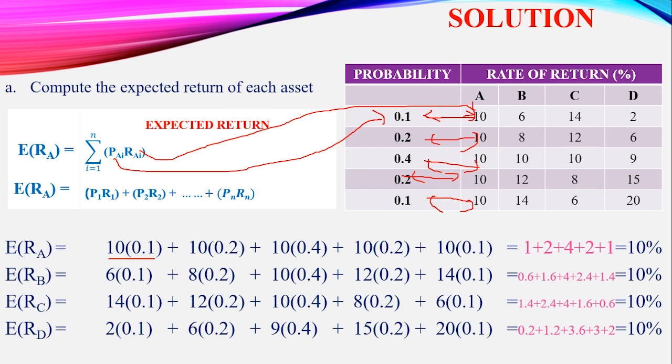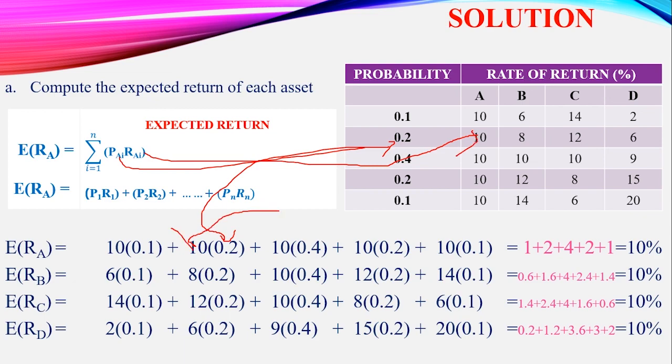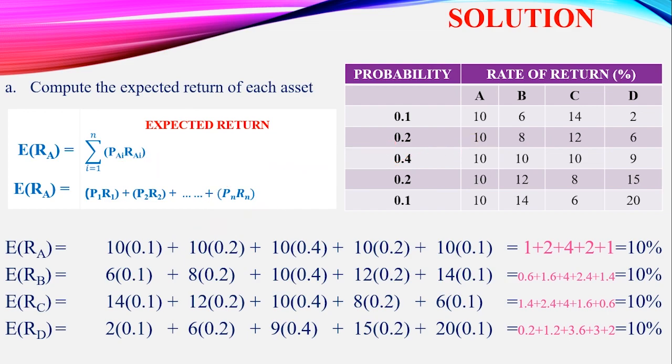Then you add the second state, PAI 0.2, which we have here. Then RAI, which is 10. You have it there. So you multiply that. Then you add. We go to the third state. The third state, the PAI is 0.4.